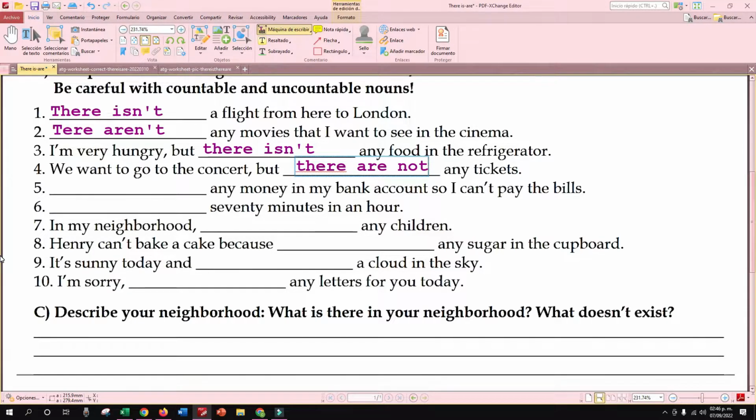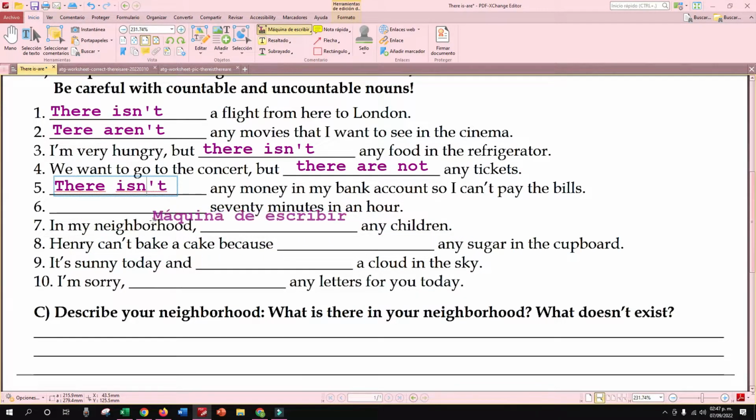Es como comida, food in general, right? Money in general. Entonces, money también entra, chicos, como un uncountable noun. Entonces, Brenda, in this case, this will be there isn't. ¿Vean? So, there isn't any money in my bank account. So, I can't pay the bills, right?